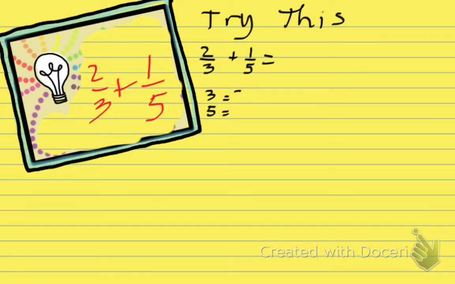For 3, we have 3, 6, 9, 12, 15, and so on. For the multiples of 5, we have 5, 10, 15, 20, and so on. Now we have our least common multiple, which is 15.